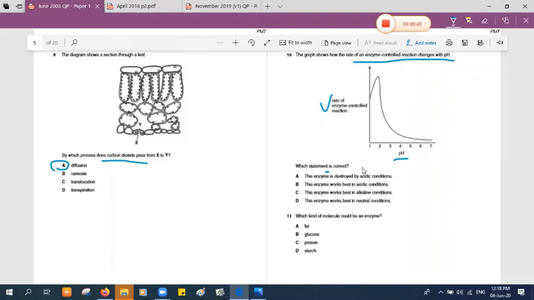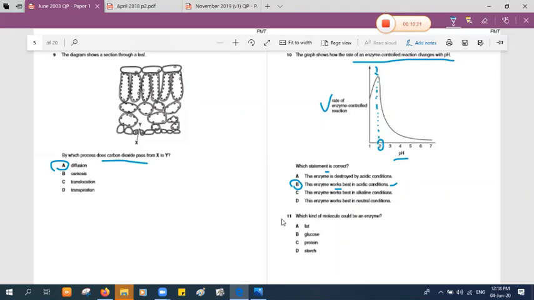Okay, to solve this question, perfect, this is B. Let's focus on the peak. Here the peak, it is corresponding to what? To number 2, which is an acidic condition. So of course this will be correct. It works best in acidic, not destroyed in acidic.